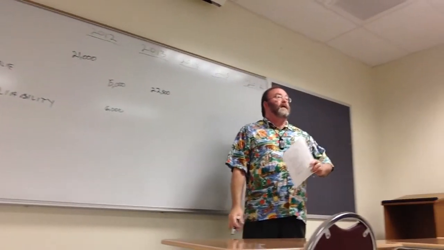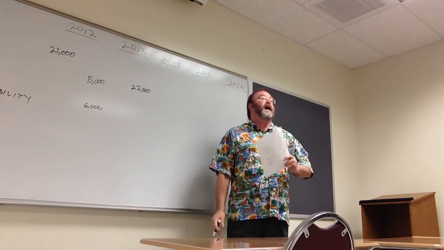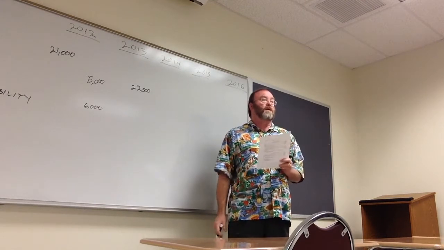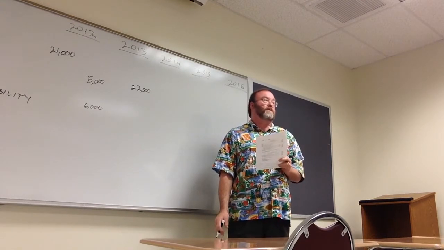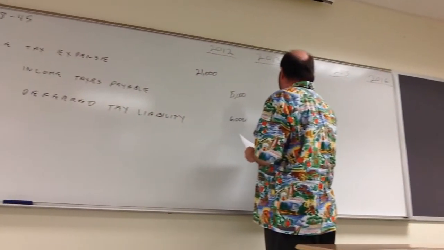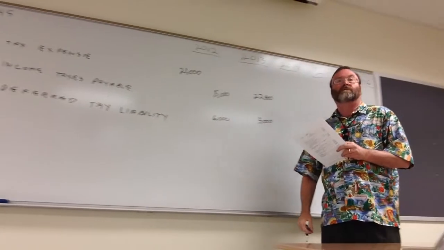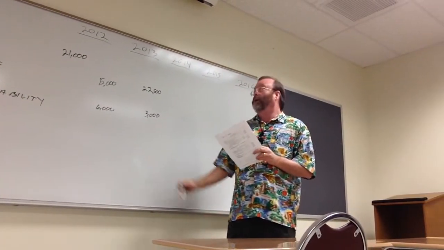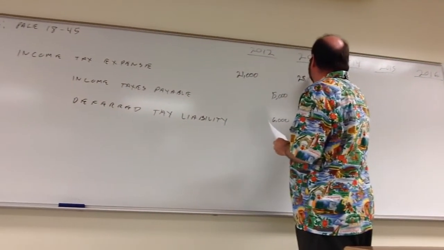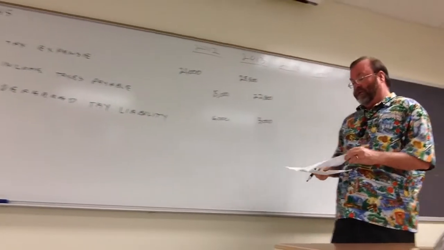Financial income in this second year, 2013, is $85,000, a difference of $10,000. $10,000 times 30% is $3,000. Add the two together and you get 25,500 for 2013.